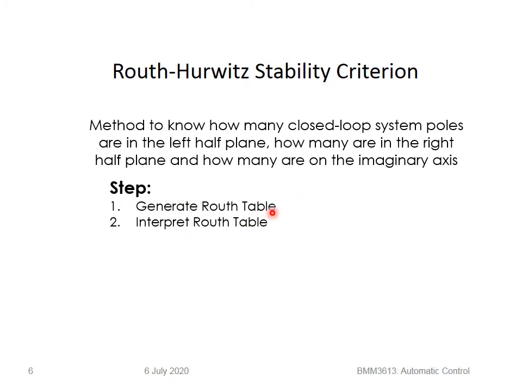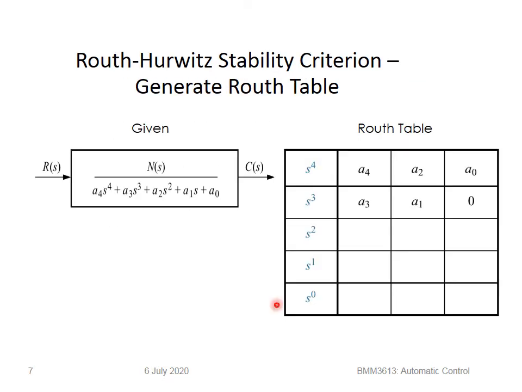The first step is to generate the Routh-Hurwitz table from your transfer function, and then once you do all the steps inside the table, you'll be able to interpret it. Here we'll see how we construct our Routh-Hurwitz table. Imagine you have a transfer function over here.